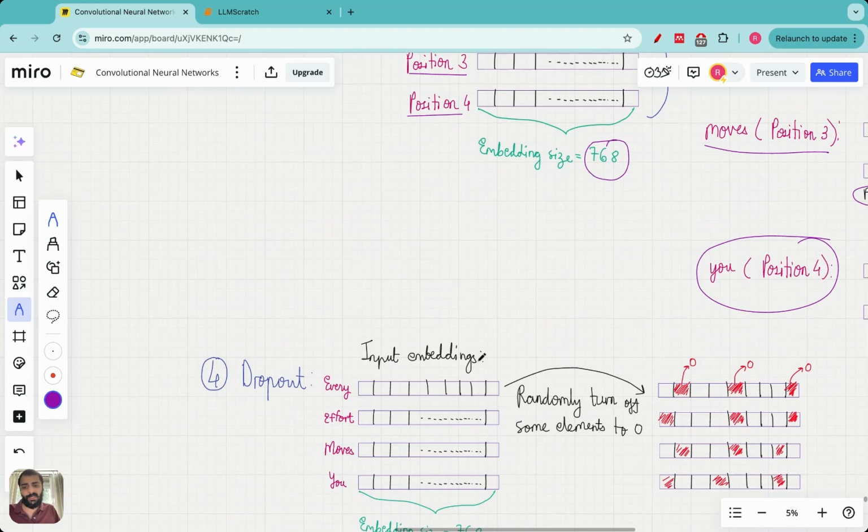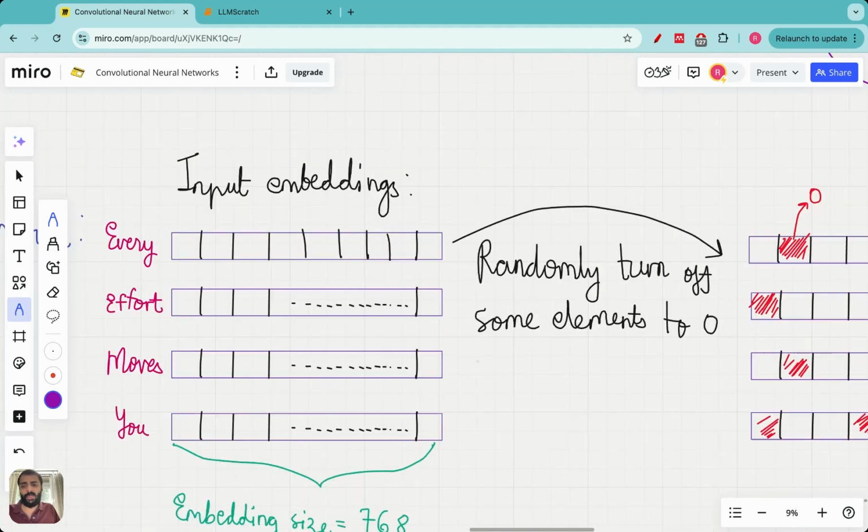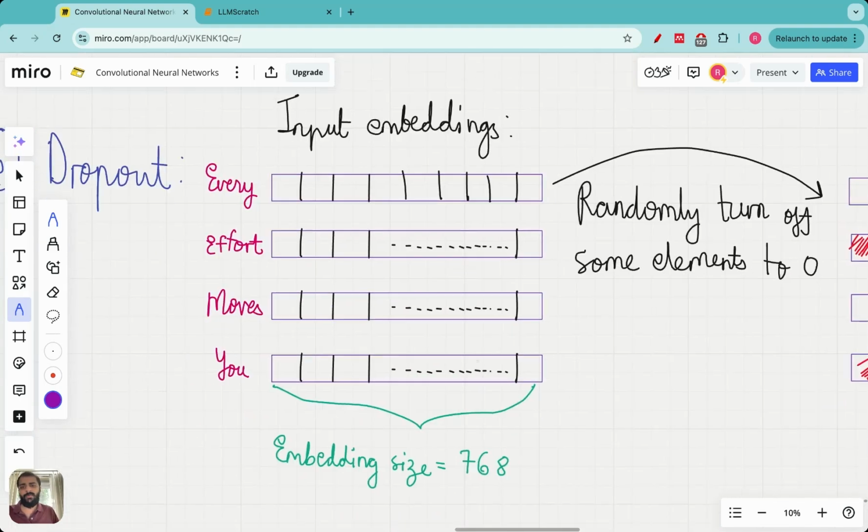Step number 4 introduces dropout. So what happens in dropout is that until now we have input embeddings for every word, right? We have input embeddings for every effort, moves, and you, and the embedding size is a vector, so which means that for every token we have the input embedding of 768 sized vector.